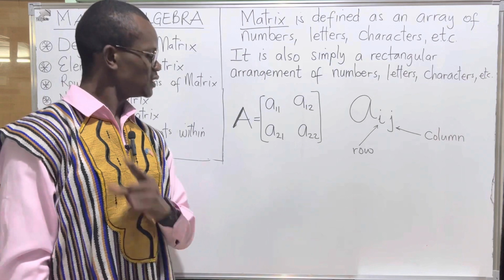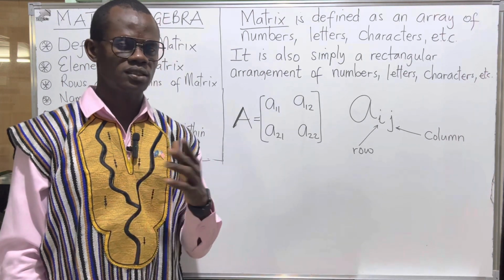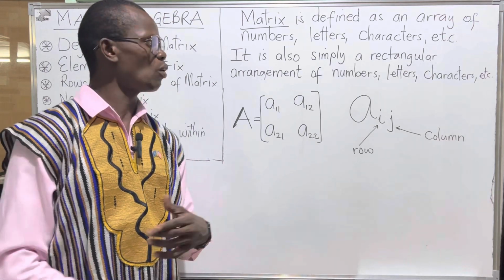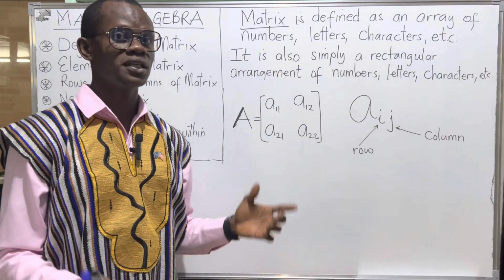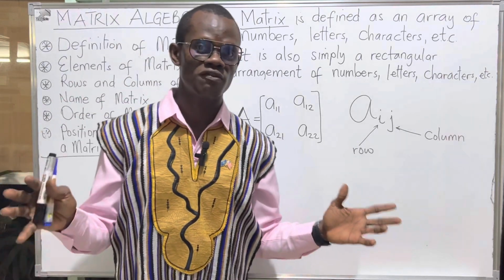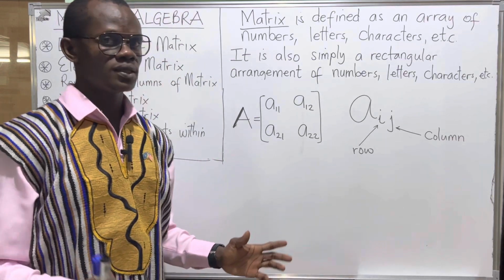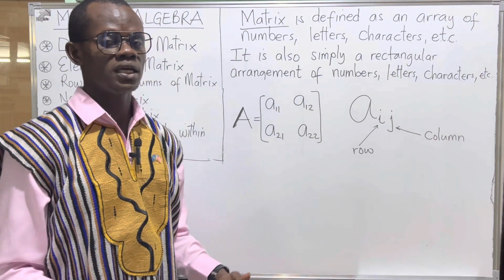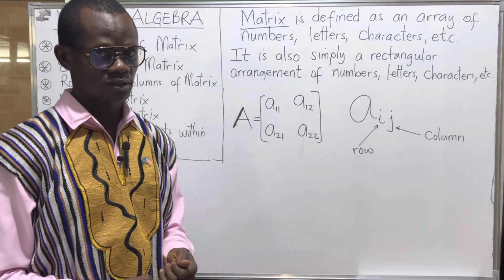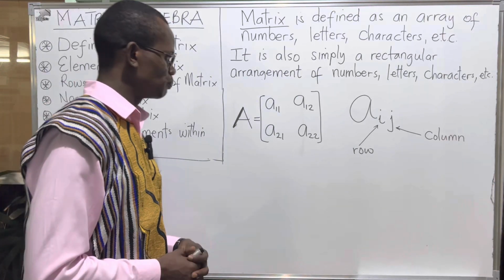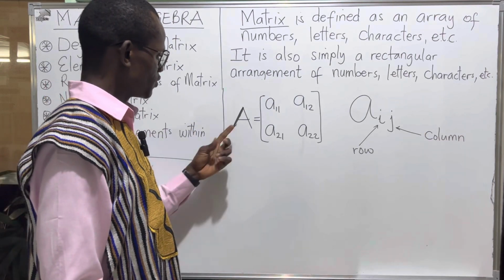But it is not always referred to as a rectangular arrangement, because it is not always in a rectangular form. It can be in a square form. So it doesn't only have to be a rectangular form of arrangement. We have an example on the board, matrix A.